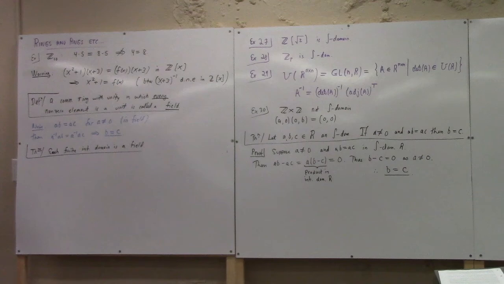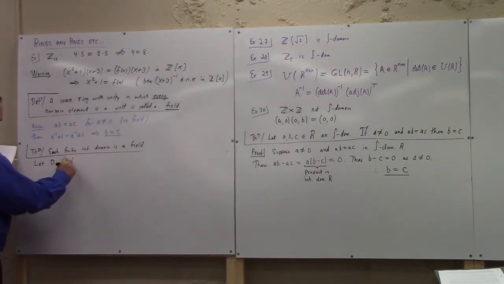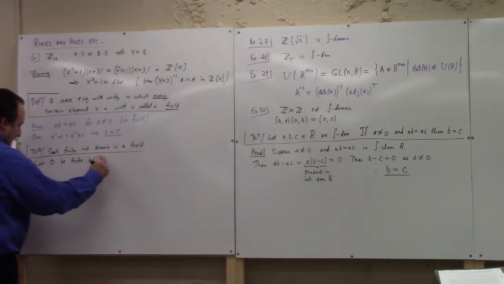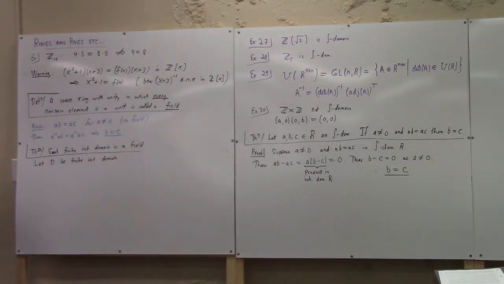All right, so let D be a finite integral domain, all right? So it's already, by assumption, a commutative ring with identity. That's all built into the definition of integral domain, which I have sadly just erased.